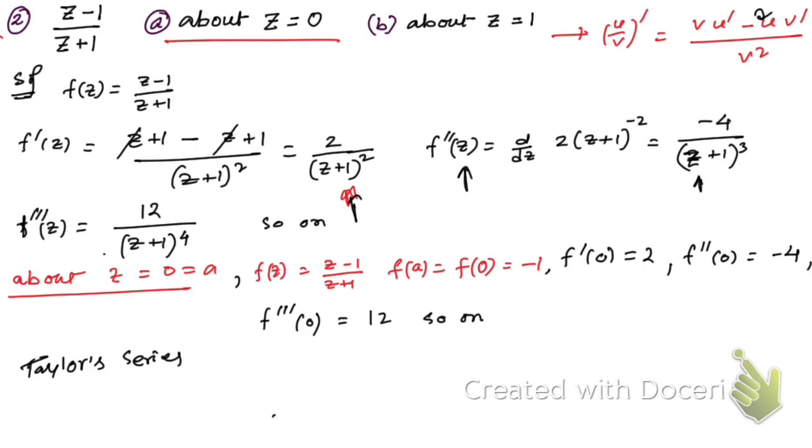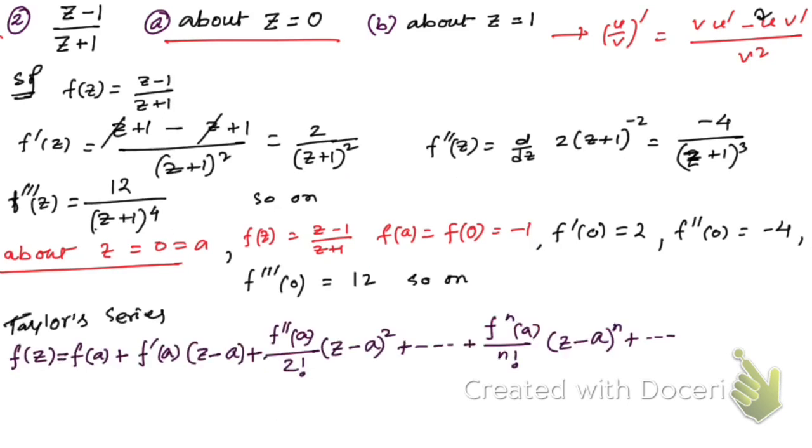Just wait. So now here you can see f dash z is nothing but (z minus 1) by (z plus 1), and f of a means here f of 0. We have got f of 0 is equal to minus 1, so here we can write minus 1.